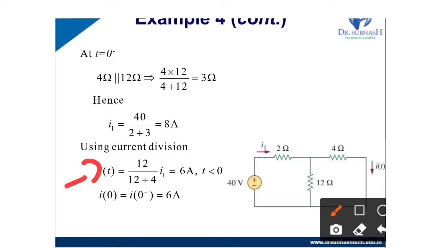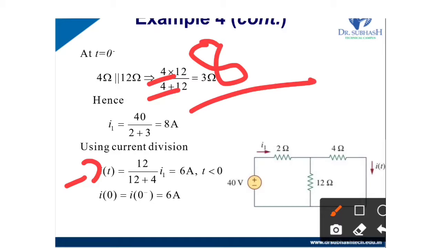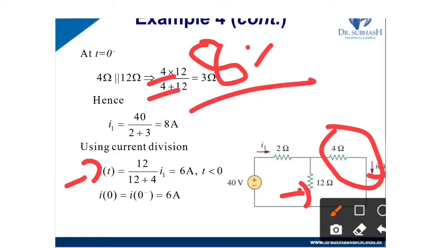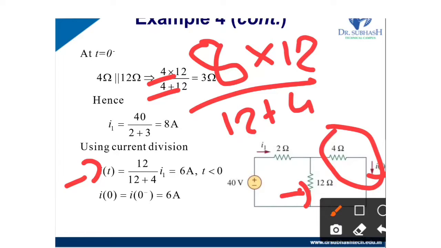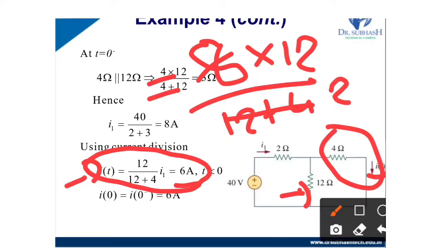So I of t equal to total current 8, multiplied by the other branch resistor 12, divided by the total resistance 12 plus 4, which is 16. 8 multiplied by 12 divided by 16 means 6 ampere. So I of t we get is 6 ampere.